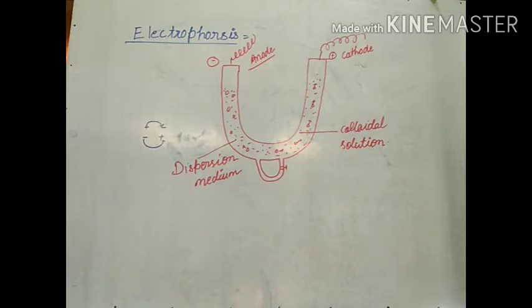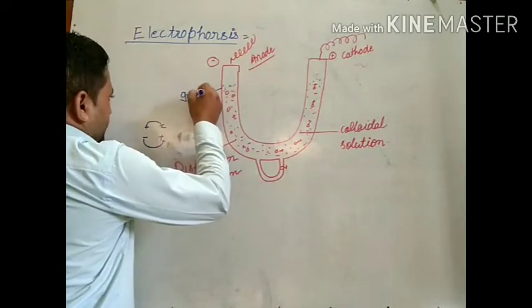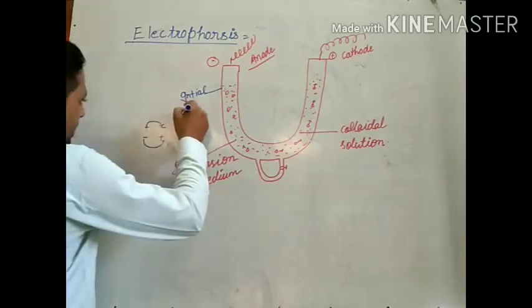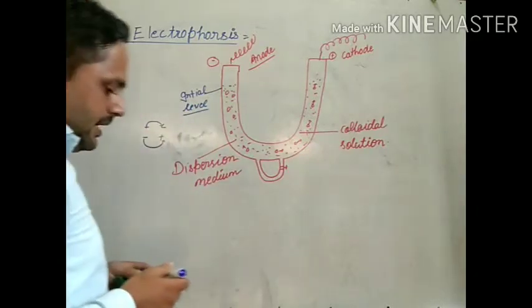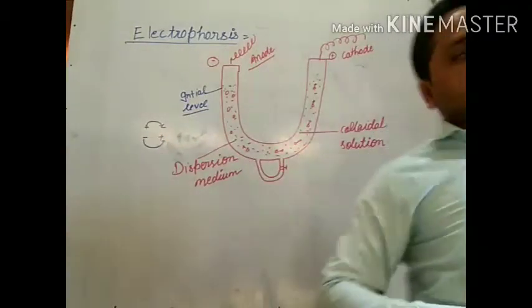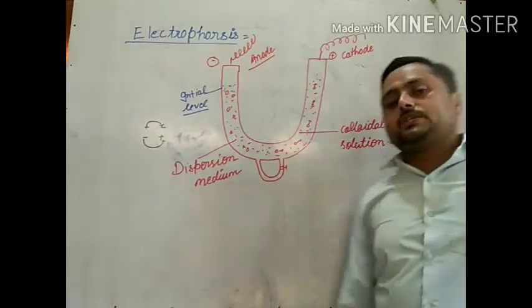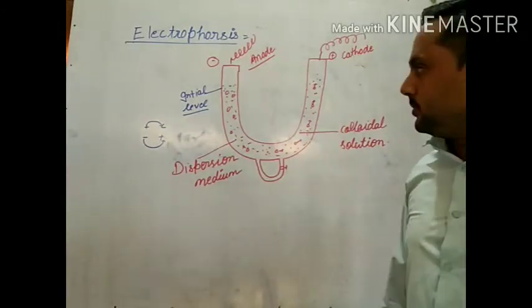We can show this initial level like this. This diagram is made in your book also, so you may see it there clearly. When the colloidal solution is taken in this and electric potential is applied, the colloidal particles move towards the oppositely charged electrode: positive particles to negative and negative to positive.